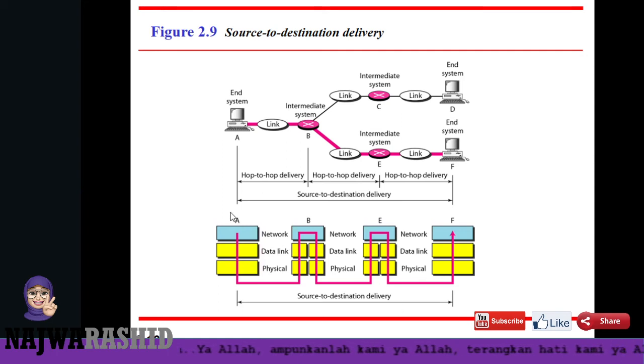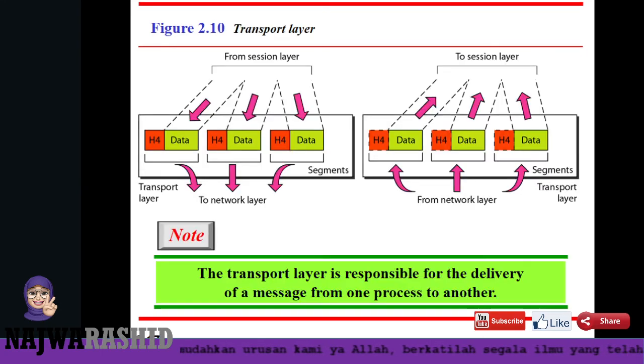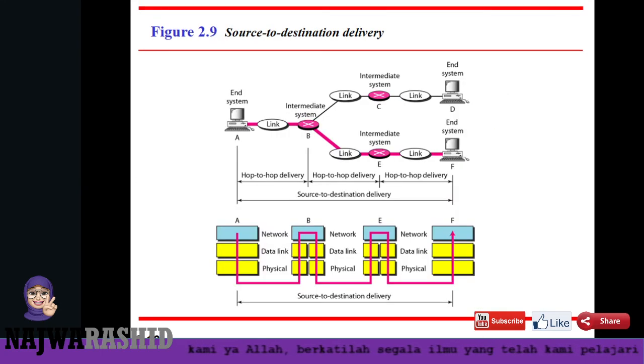So from E to F is the responsibility of the transport layer. Network layer, node to node. Transport layer, source to destination. So that is the difference.